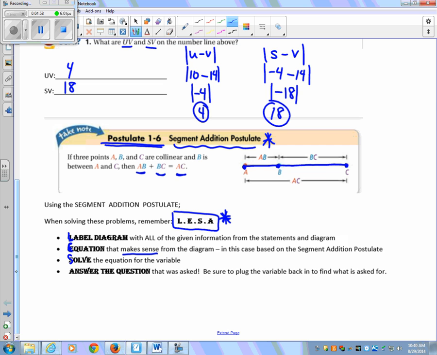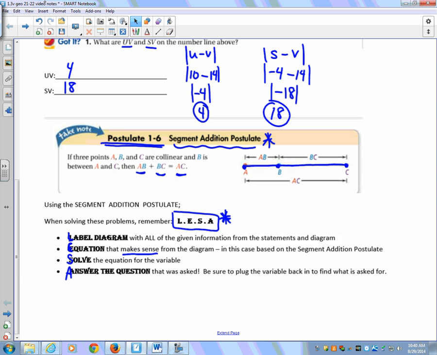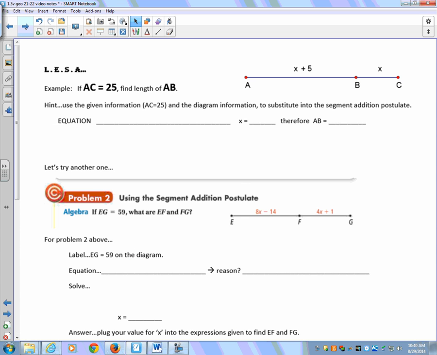S, you solve your equation. And A, remember to go back and answer the question that was asked of you. Sometimes you have to do more than just solve for the variable. You have to plug that variable back in and solve. So this next problem, we're going to keep in mind LISA.